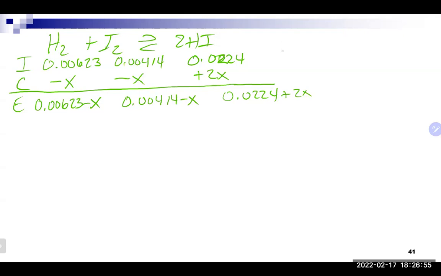That obviously is going to go into our equilibrium expression, which is the same expression as our Q, which looks like this.